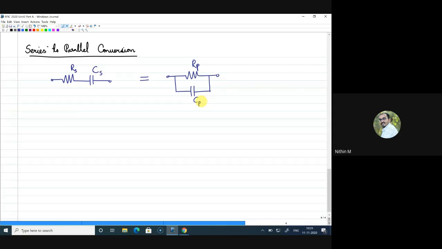What I'm going to do now is convert a series RC to a parallel RC, and thereby find the relation between Rs, Rp and Cs and Cp. If you have a series RC element and you're asked to convert that into a parallel RC, it will be easy if you know the relation between Rs, Rp, Cs and Cp, of course in terms of the Q factor.